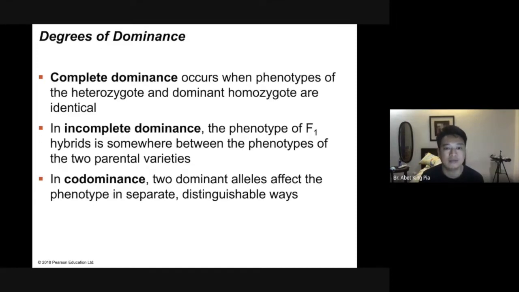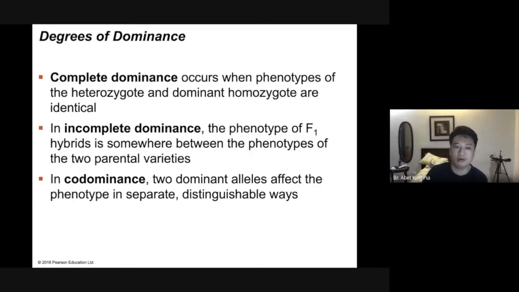But there are some topics on dominance. Say yung incomplete dominance. When the phenotype of F1 or the first filial generation hybrid is somewhere between the phenotypes of the two parental varieties.